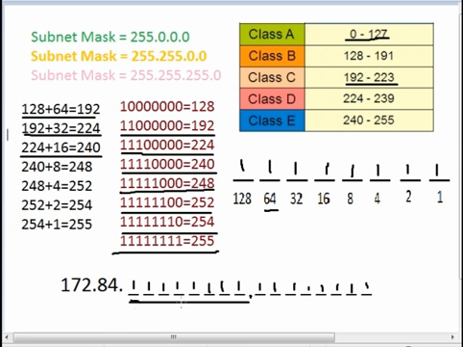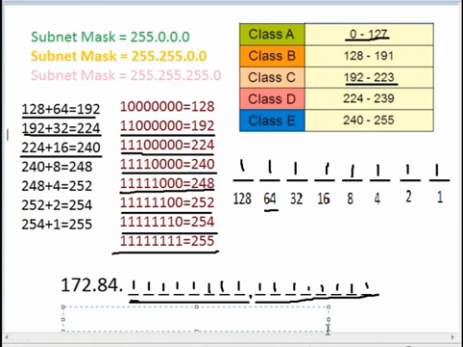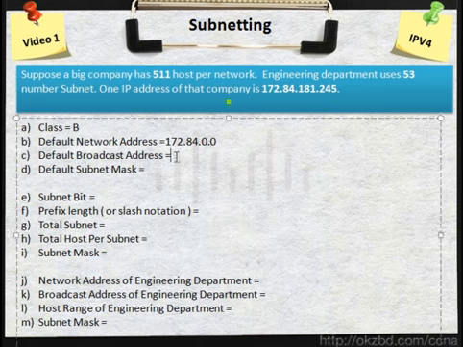So this means 255. And the last octet, 8 bits all 1, again 255. So the broadcast address is 172.84.255.255. This is your answer.